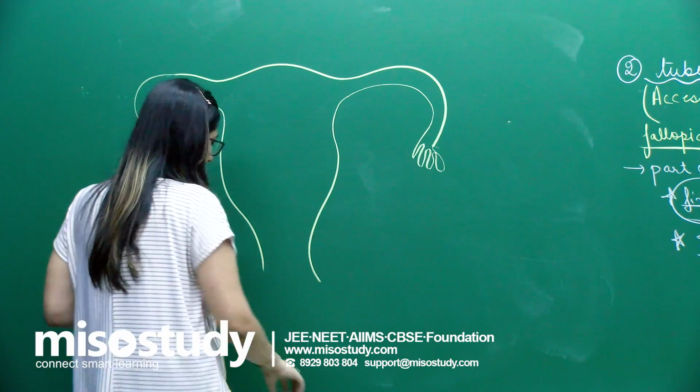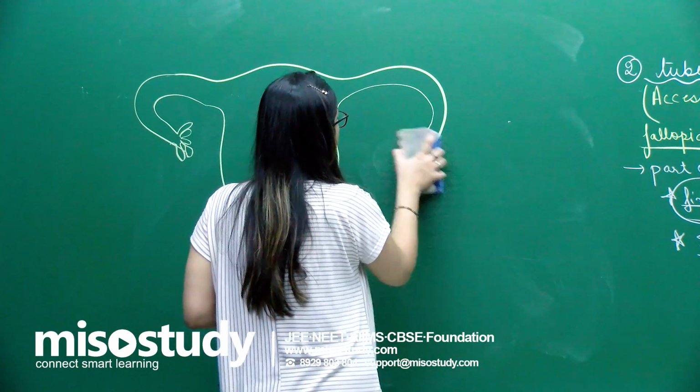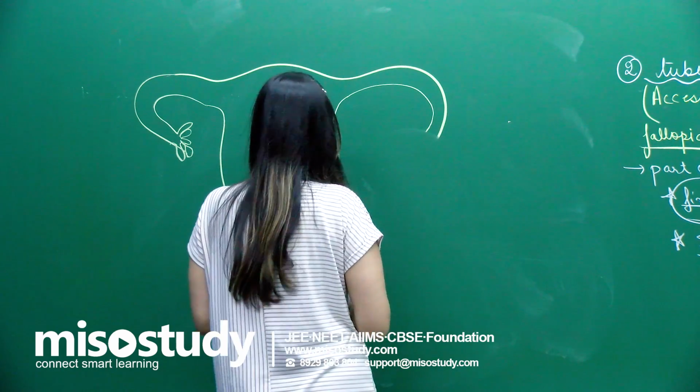On the fimbriae region we can see that the ovaries are attached.